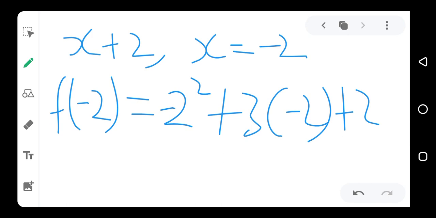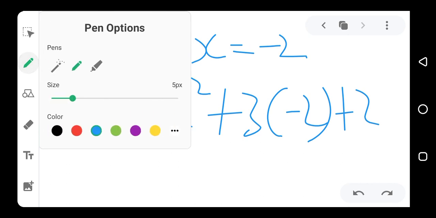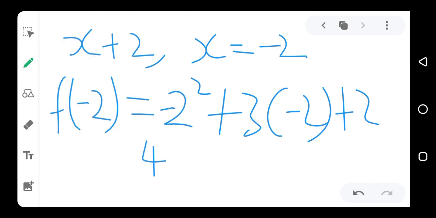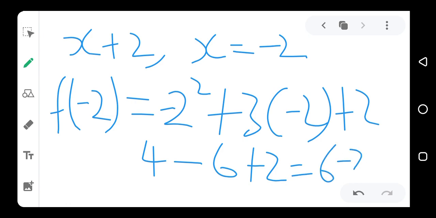Minus 2 raised to power 2 will give us 4. 4 minus 2 times 3, that gives us minus 6, plus 2, and this gives us 6 minus 6, and this gives us 0.